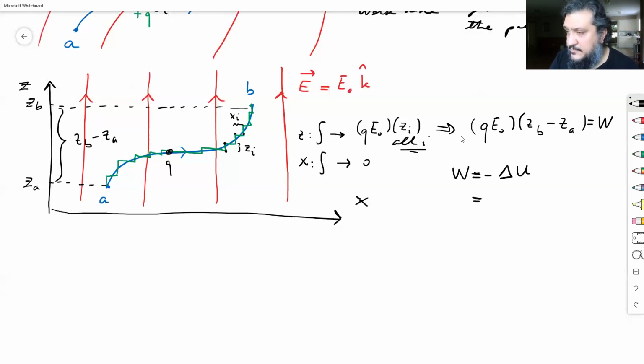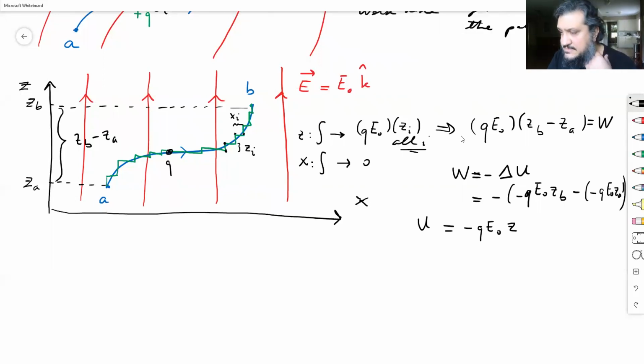So if you rearrange, this is negative Q E0 ZB minus negative Q E0 ZA, so negative Q E0 Z.